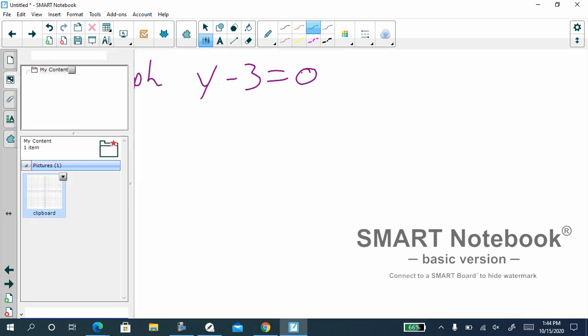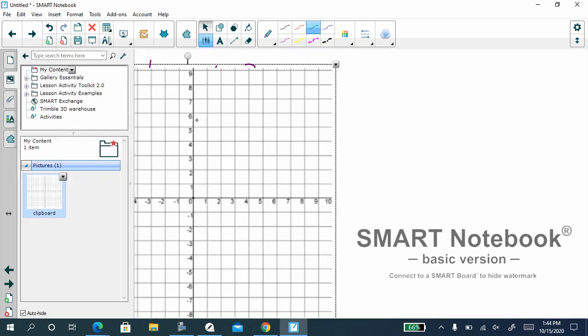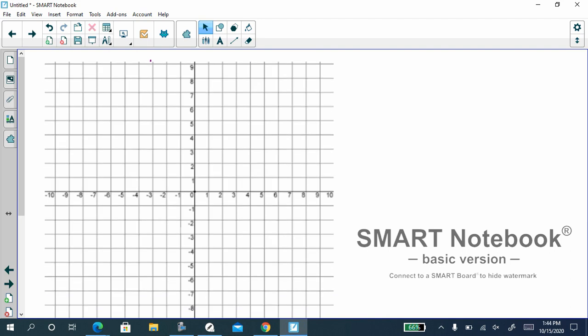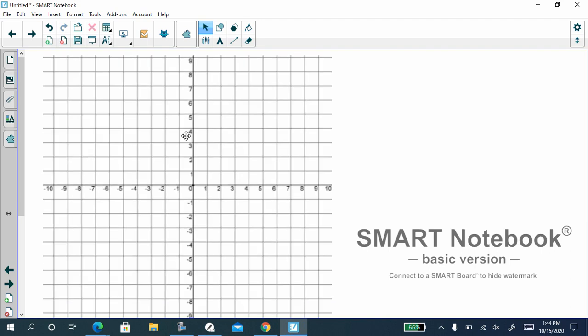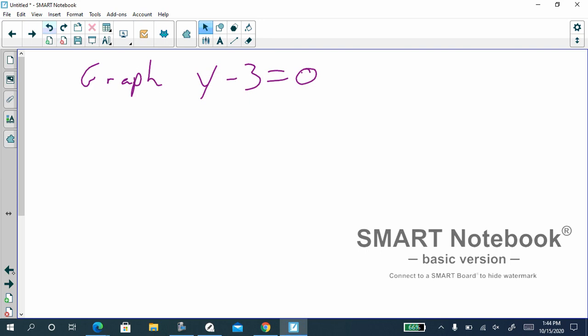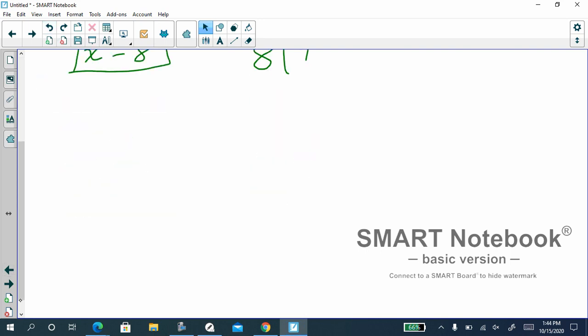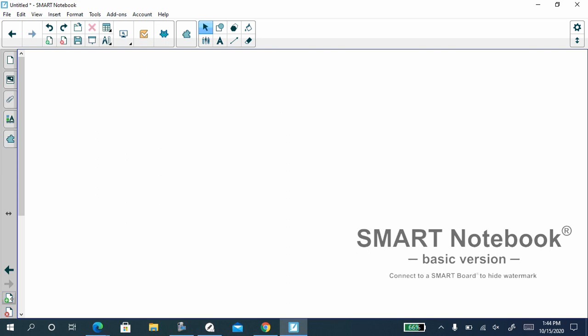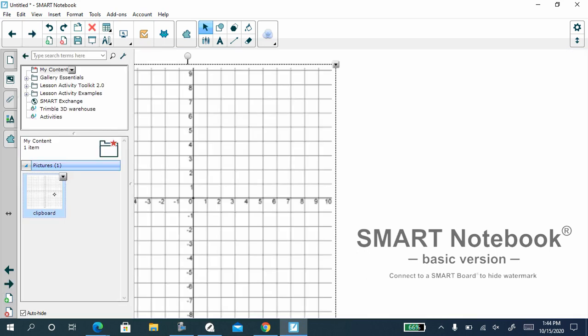So if we're told this is a line and we're told to graph this, oops, didn't mean to put that on top of this one. We need another page there. Now we can put it in there.